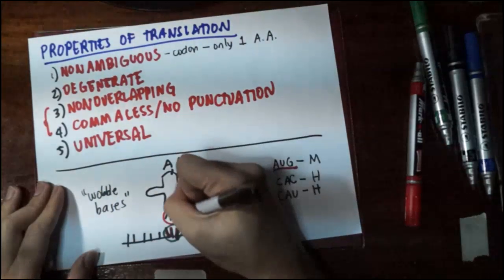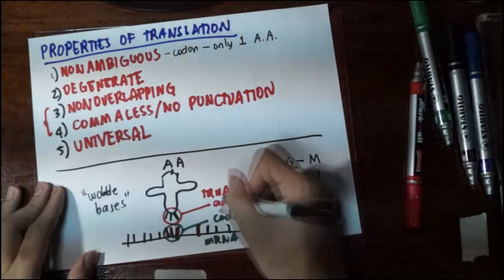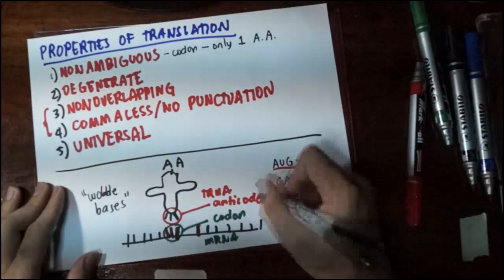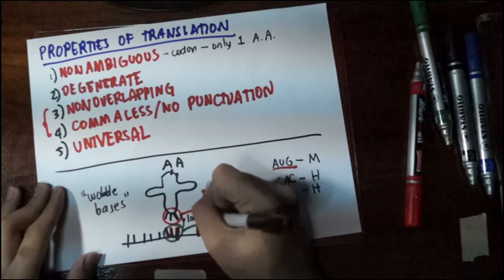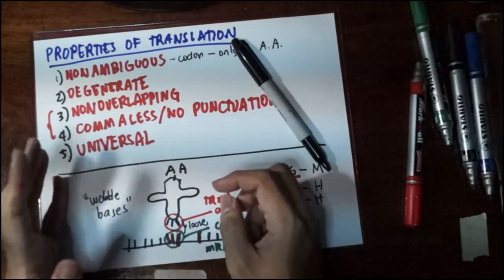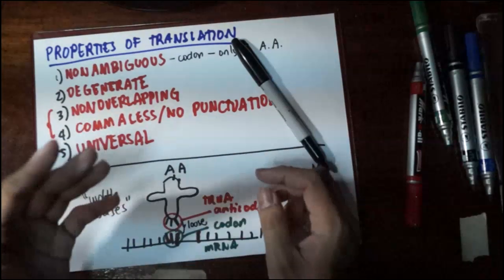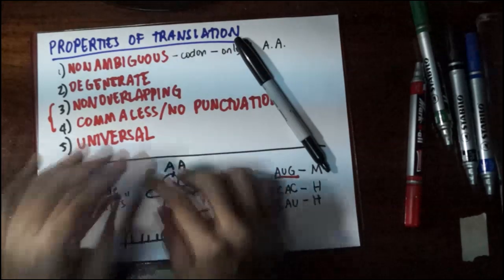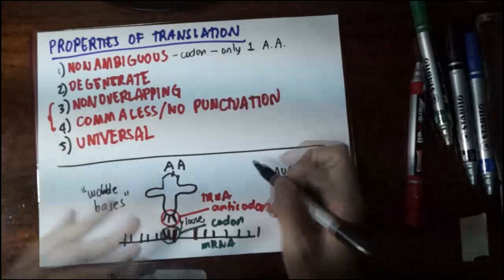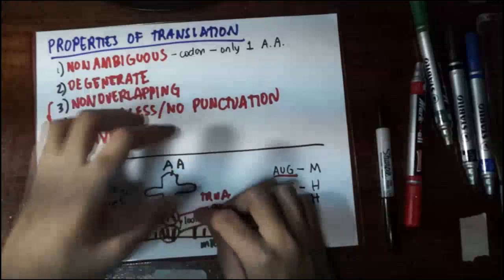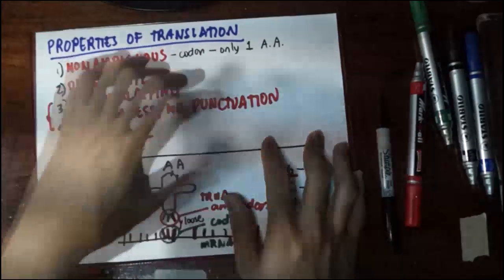Meaning that for the third nucleotide of the codon in the anticodon, in case there is a mistake, the third one would kind of be loose. It will not be very tight, so as to give way for corrections in case, for example, tRNA gives the wrong amino acid. Hey, I think I read you wrong, codon. Maybe my wobble base could loosen up and I'll give the proper amino acid instead of the wrong one I initially put. So that's wobble base; when it's loose, it wobbles, or gives that kind of wiggling motion.